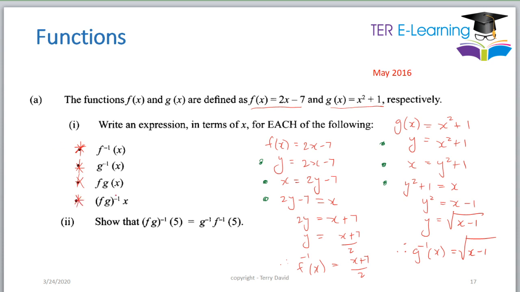Now this piece here, this question may pose a challenge for you, but you already know what this function is. What this question is asking is, what is the inverse of this function you just worked out?